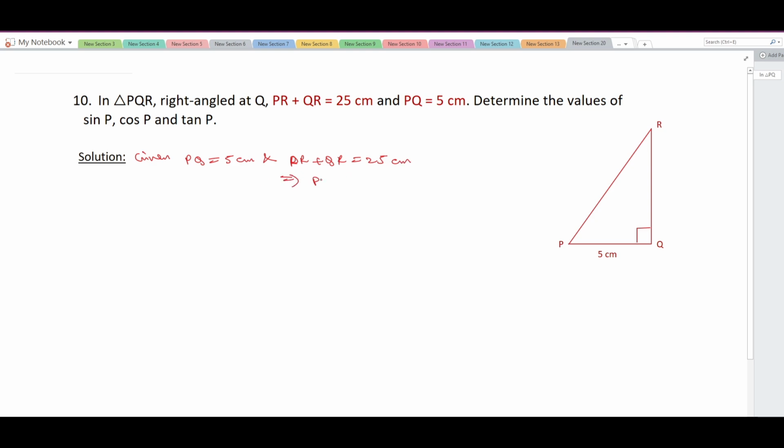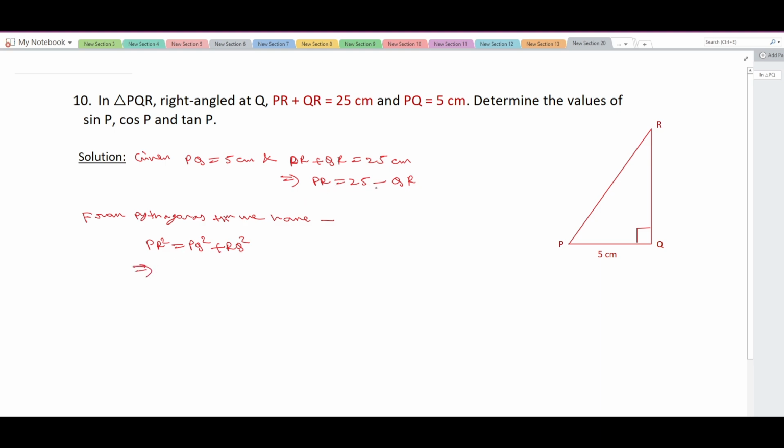From this you can write PR equal to 25 minus QR. From Pythagoras theorem we have PR square equal to PQ square plus RQ square.